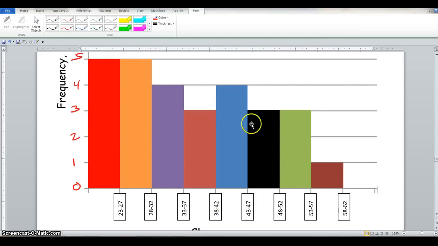I color coded it so you could easily see the different classes. So this is how you construct a histogram. 23 to 27 we know is 5, so we'll put this block here. 28 to 32 we will have this block here, and so on. So this is how you construct a histogram using that same class data.